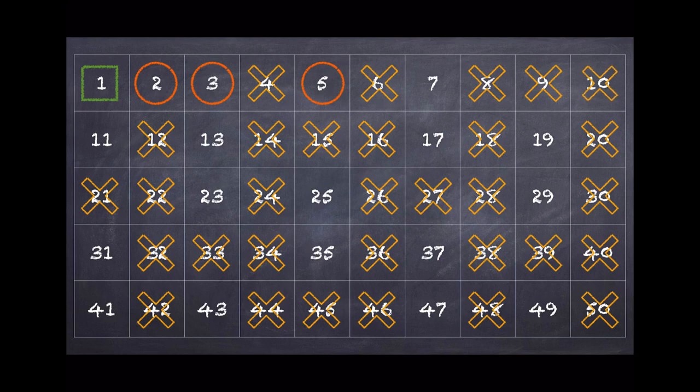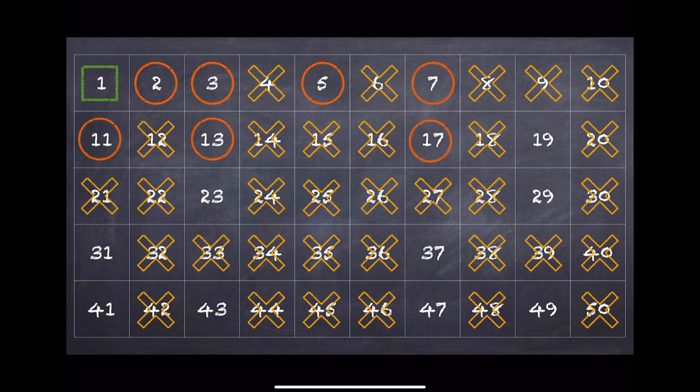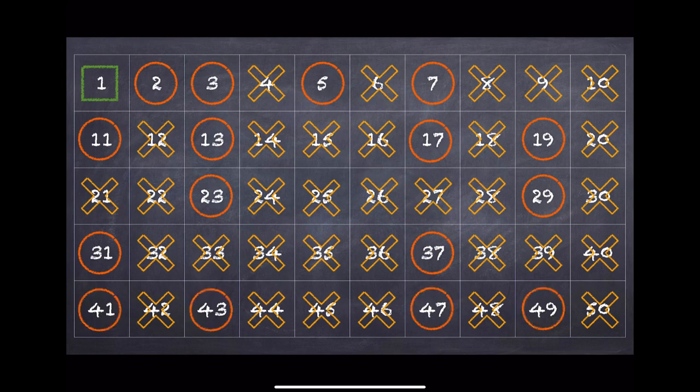So 10, 15, 20, 25, 30, 35, 40, 45 and 50 are all composite numbers. Now, the numbers which are remaining are all the prime numbers from 1 to 50. So 7, 11, 13, 17, 19, 23, 29, 31, 37, 41, 43, 47 and 49 are all the prime numbers.